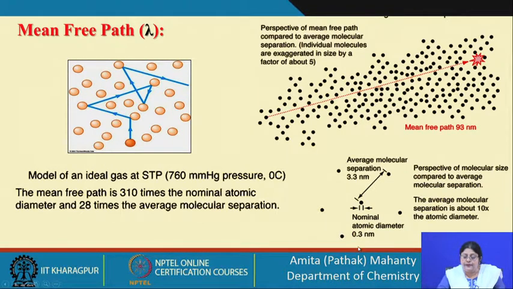But when we compare that with the mean free path, the distance travelled between collisions is far more compared to the diameter of the molecule or the distance between two molecules.